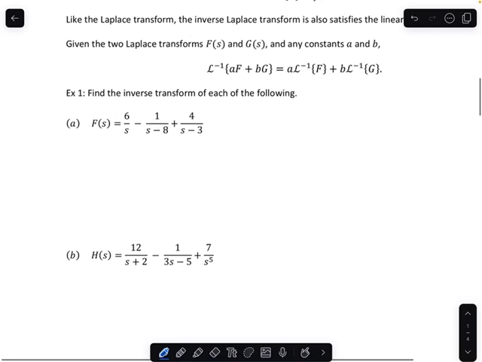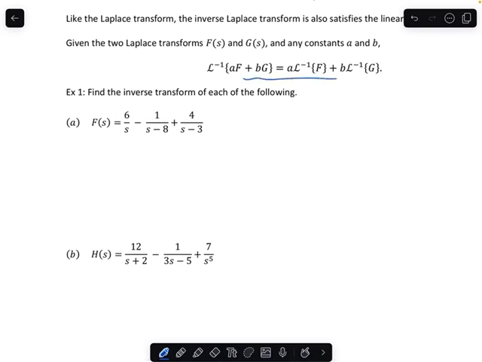Inverse Laplace transform also satisfies the linearity property, same as the Laplace transform. So let's look at this example. We are given a function big F of s. Often you will have to first manipulate or rewrite the function in a way that you can easily see the inverse Laplace transform.